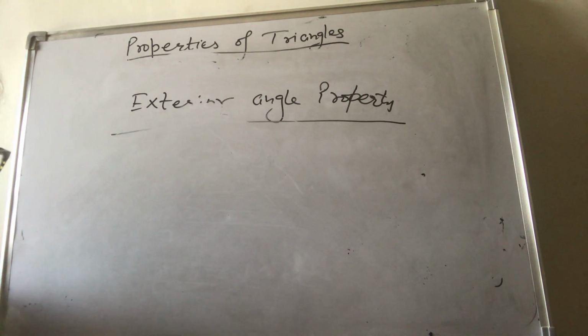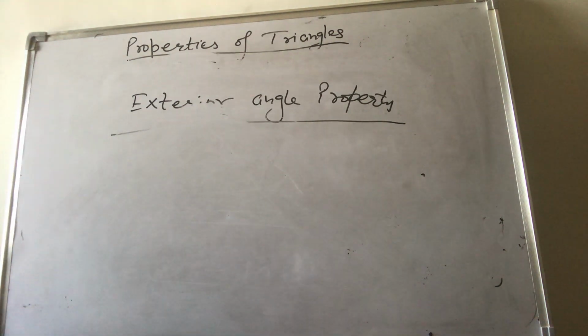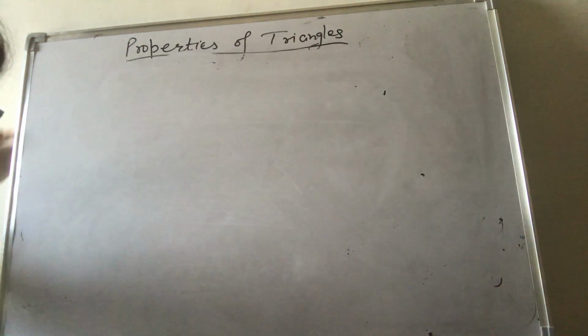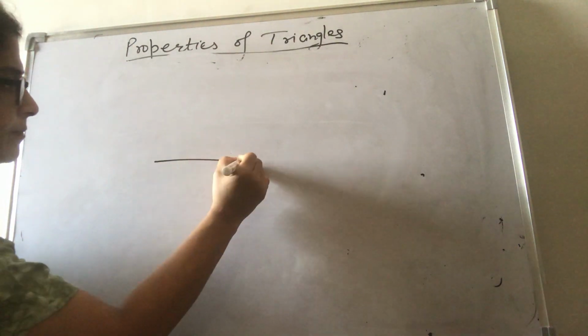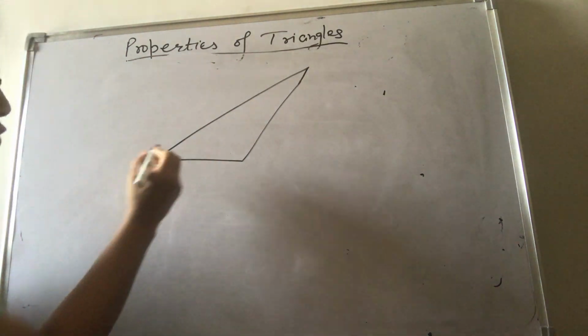Now take out the exercise 10.1. Exercise 10.1: find the measure of each of the unknown angles denoted by the letters of the English alphabet. As in the first part, I have given two angles.